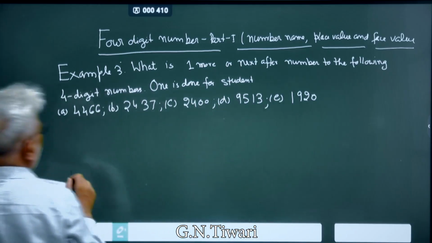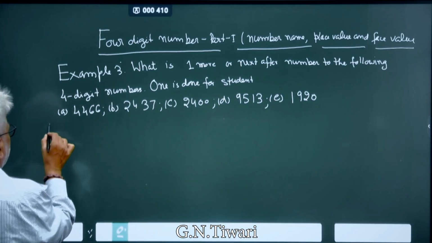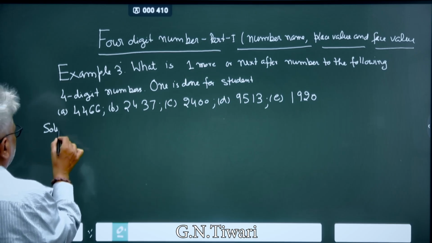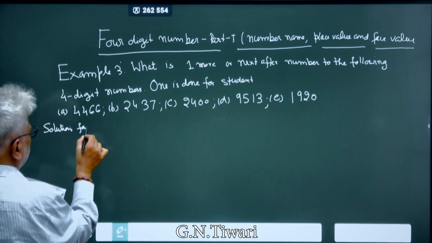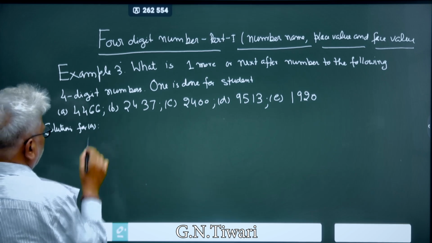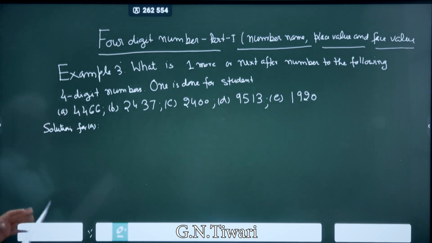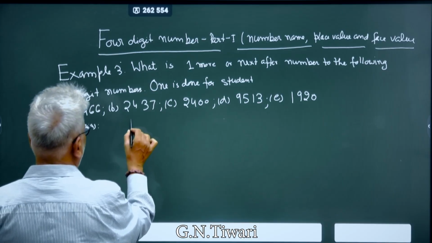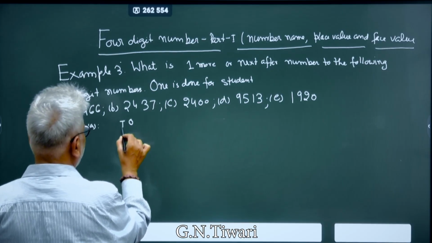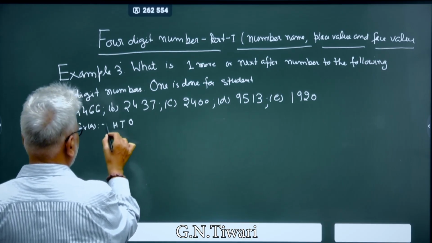Just a solution for A, I am just giving A. Again, write ones, tens, hundreds, thousands. So ones, tens, hundreds and thousands.